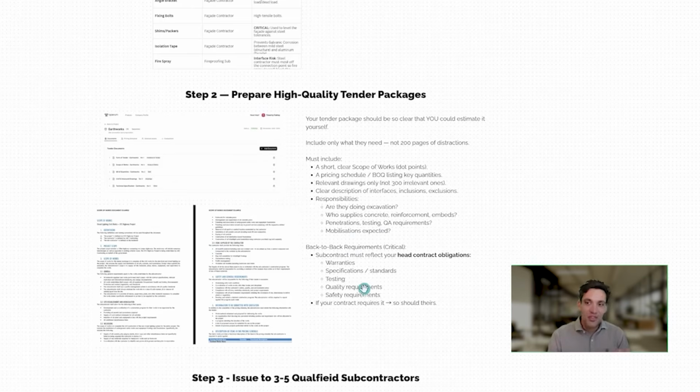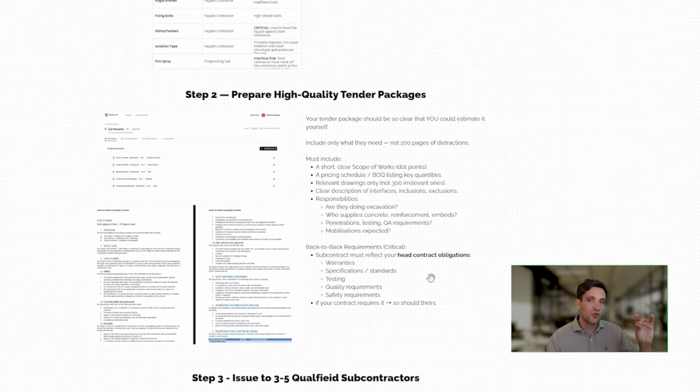The next thing you always want to do with your scopes of works and tender package, which is a risk management exercise, is you want back-to-back requirements. What that means is in your tender package, your head contractor requirements, you want to pass those down to your subcontractor wherever possible. For example, if your contract has a 24-month defect liability, you want to get a 24-month defect liability from your subcontractors.